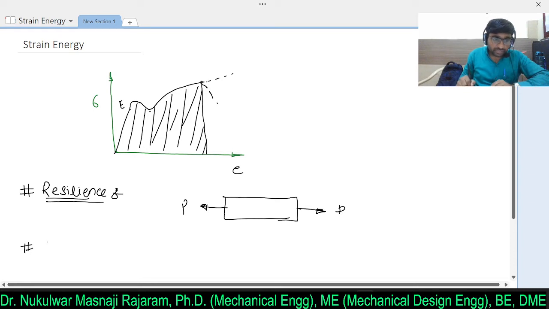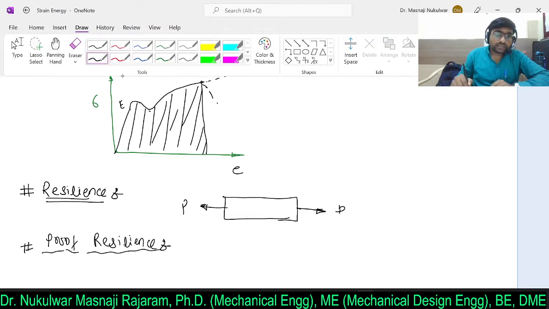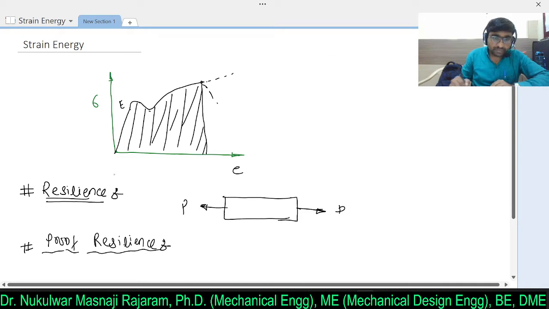Now the next definition related to strain energy is proof resilience. When you apply the load on an elastic material, or we can say a ductile material, up to the elastic limit, when you remove the force, the body will regain its original shape and size.